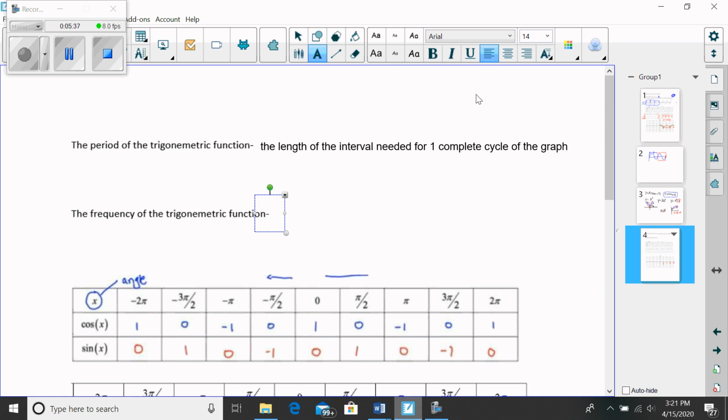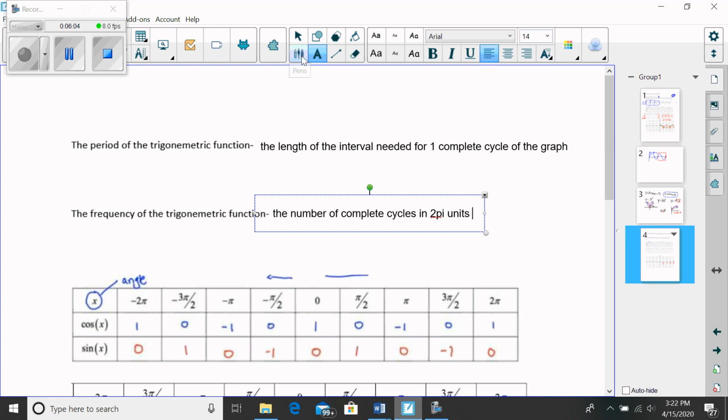So the frequency of the trigonometric graph then is the number of complete cycles in 2 pi units. Okay, so how many cycles can I complete in 2 pi units?